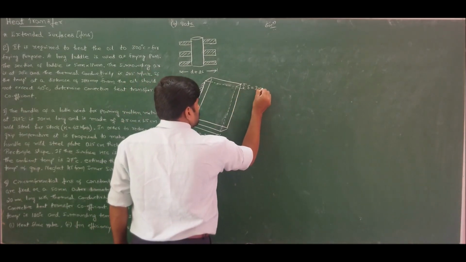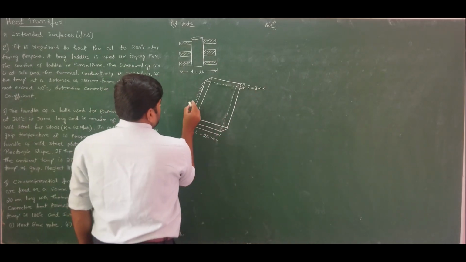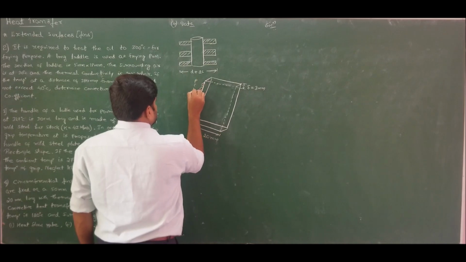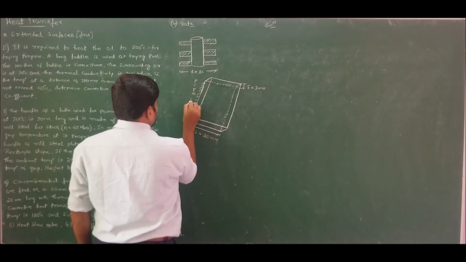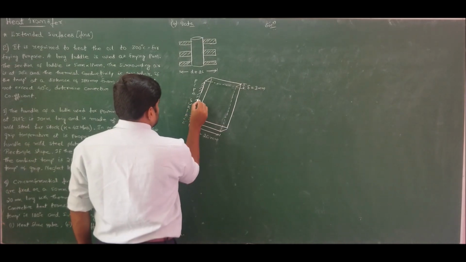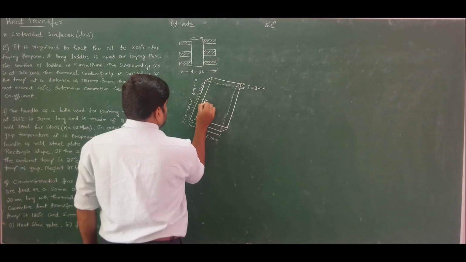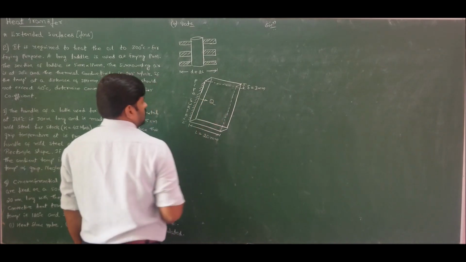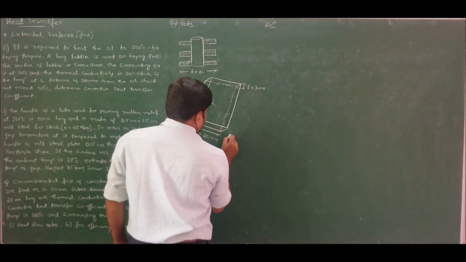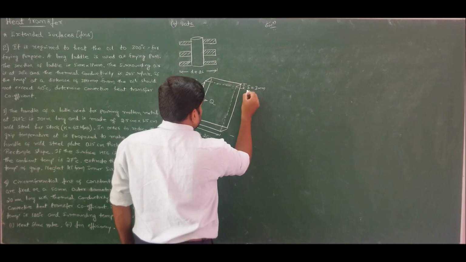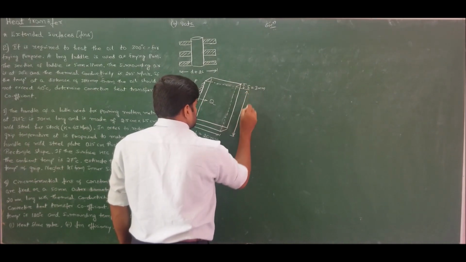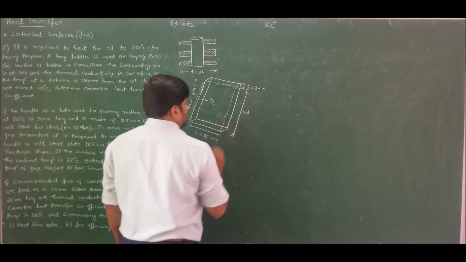And heat is flowing from the pipe surface. This is the pipe surface. So from the pipe surface, it is flowing like this, Q. So this is what is given. Now, the width is nothing but the circumference, that is pi d.